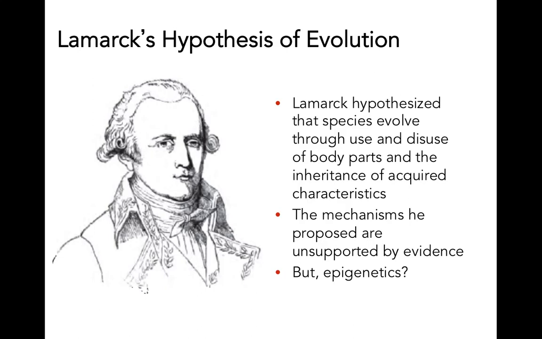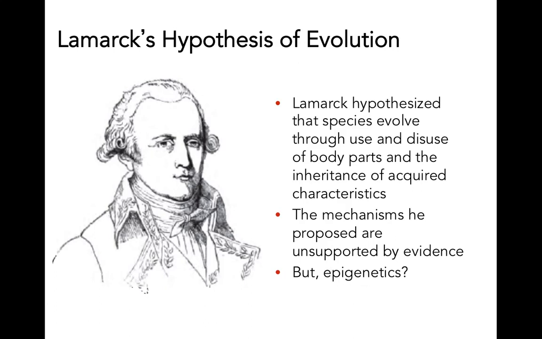But is he incorrect? In the modern day, with genetics, our ability to look at how DNA changes through time, we have found that it is maybe possible for acquired changes to our DNA to be passed on to our offspring. And this is something that is the burgeoning field of epigenetics.